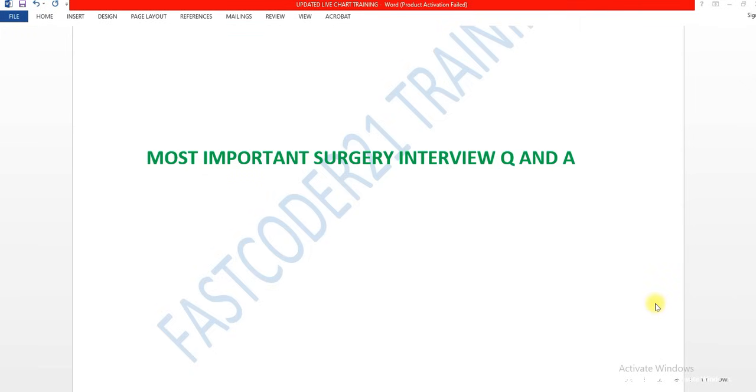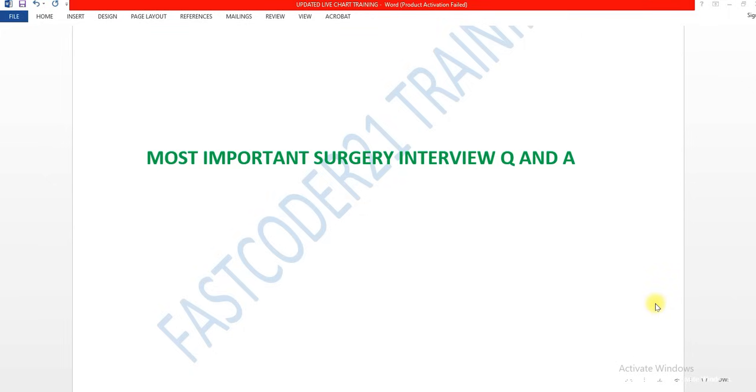Okay, so what is arthrodesis? Fusion of the joint. So what happens during the fusion? Basically, fusion is a very common procedure in the musculoskeletal system.